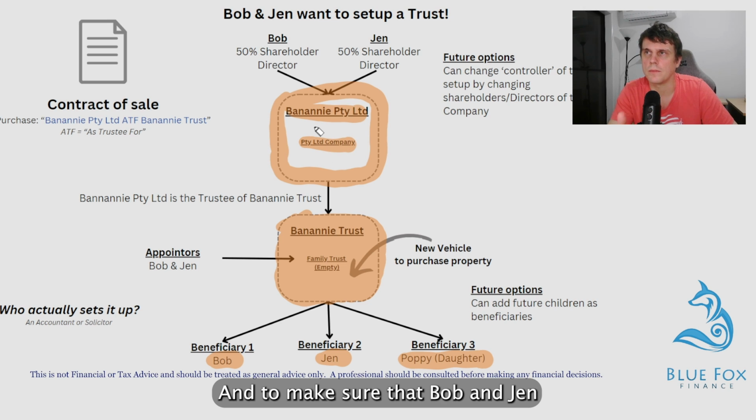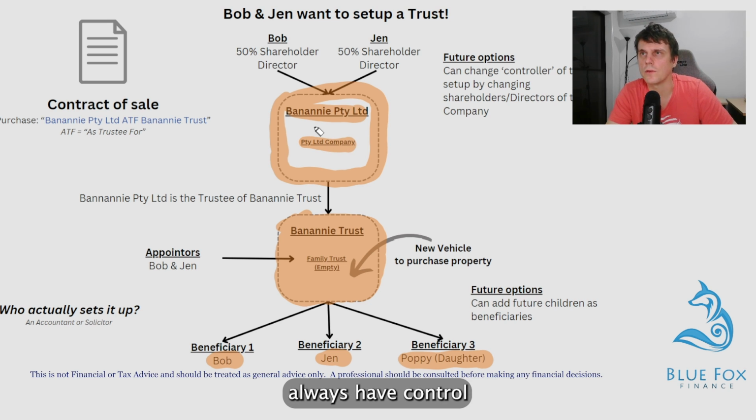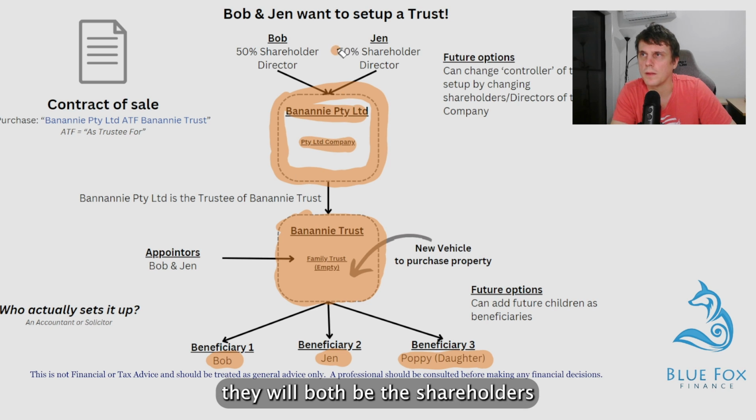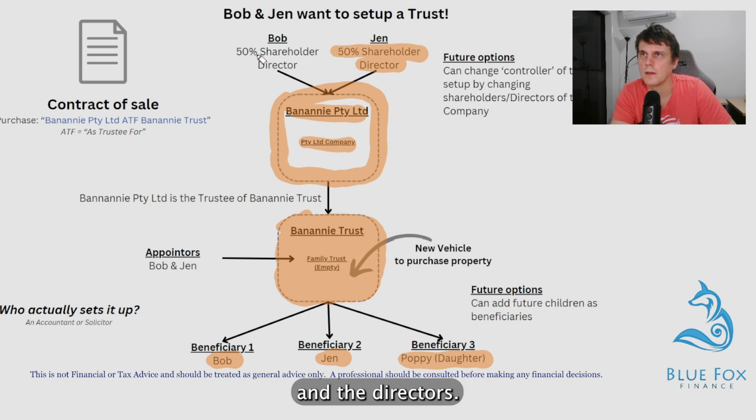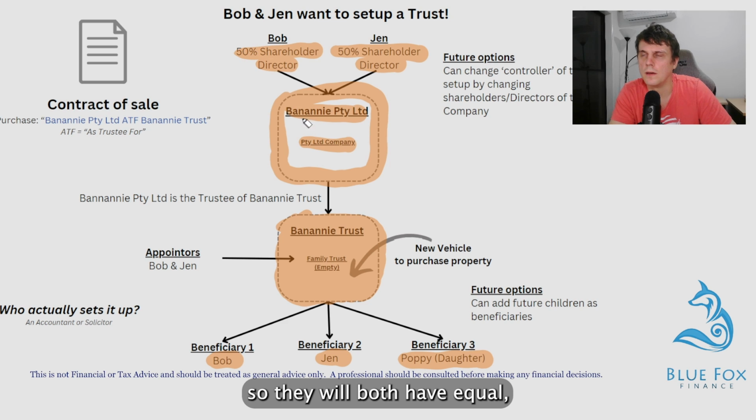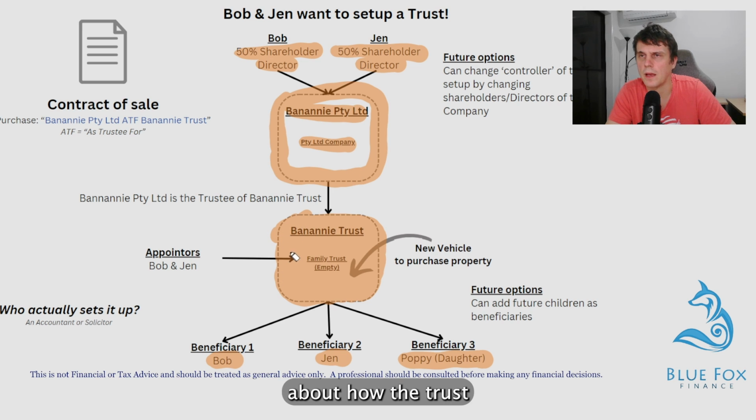And to make sure that Bob and Jen always have control over this company and therefore the assets, they will both be the shareholders and the directors. So they will both have equal ownership over this company, and the company will then own the assets for the trust and make day-to-day decisions about how the trust should operate.